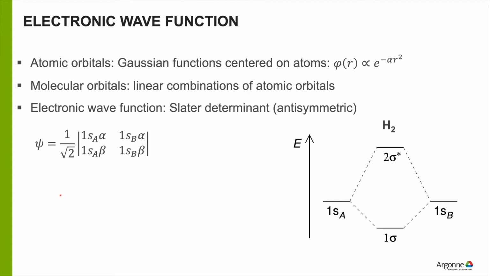And to account for Pauli exclusion principle, we have this structure called the Slater determinant that basically makes sure that the electrons obey Pauli exclusion principle, and our electronic wave function is anti-symmetric.